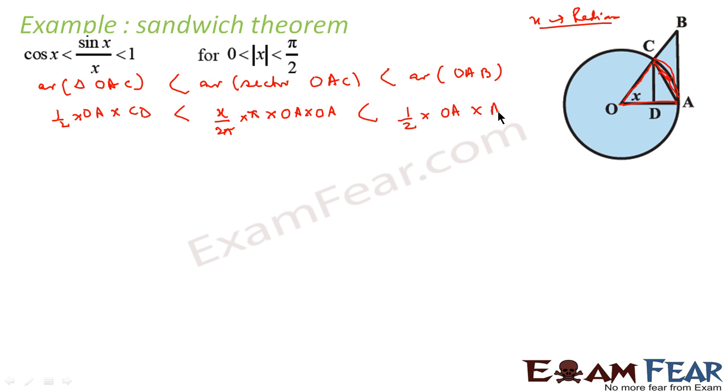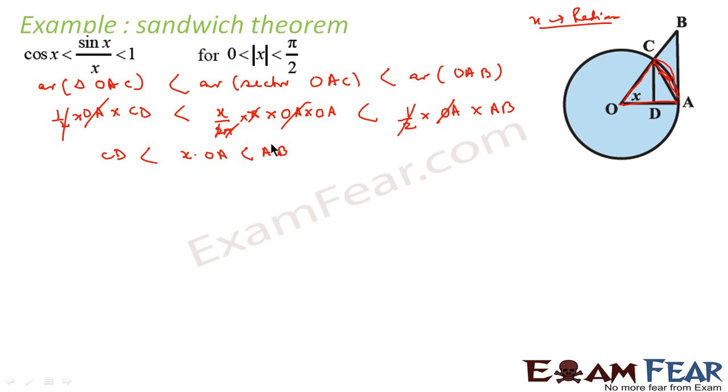Now we see that OA is common in all, so we can cancel OA, it is not 0. 1 by 2 is also common in all, so we'll cancel this 1 by 2. Here pi is common, we'll cancel. What we are getting here is CD is always less than x into OA, which is always less than AB.